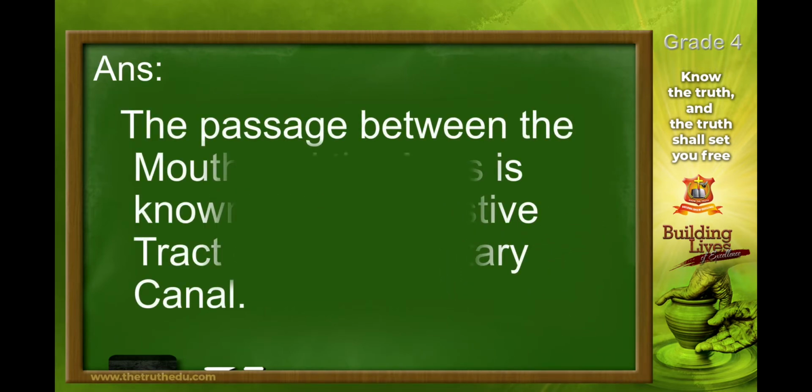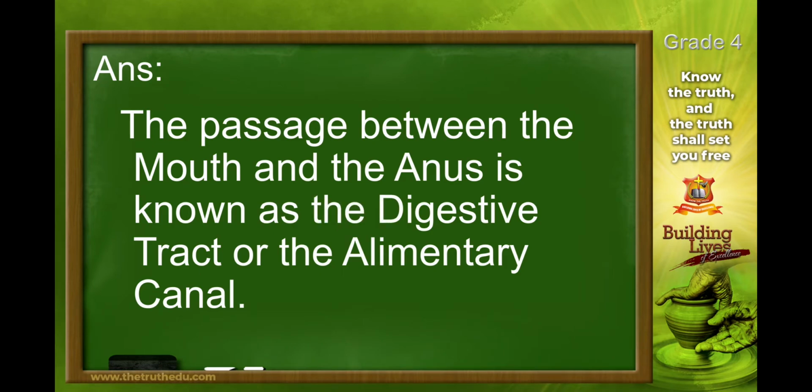The digestive tract is the passage between the mouth and the anus, and it is also known as the alimentary canal. What it means is the places where the food travels, from the mouth to the anus, is known as the digestive tract or the alimentary canal.